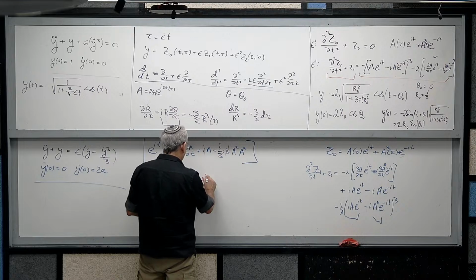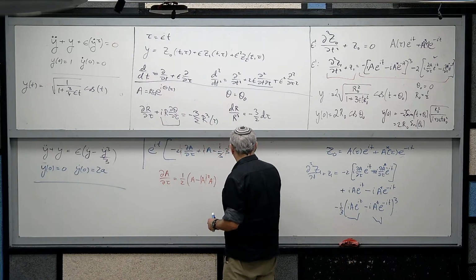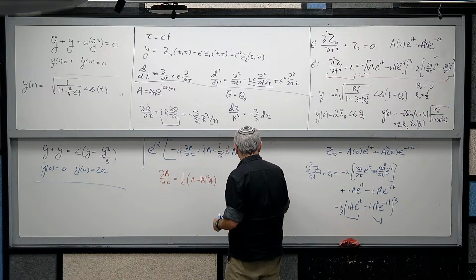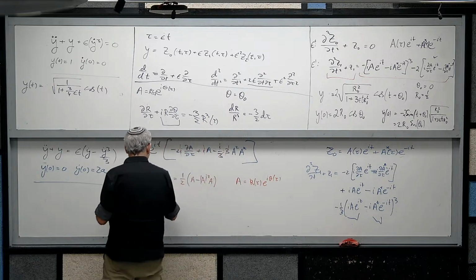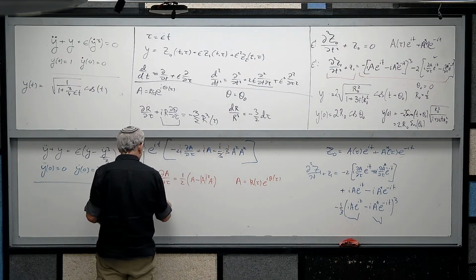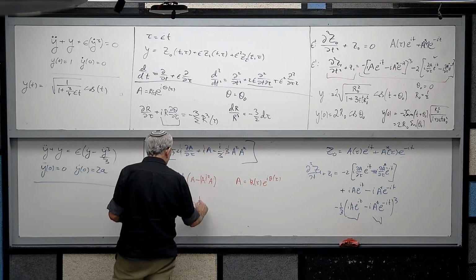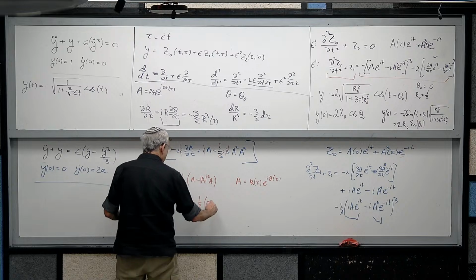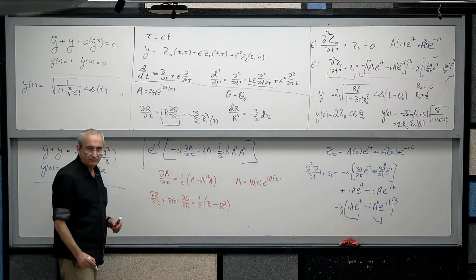Or rather, minus A absolute value squared times A. Now, as usual, A is R of tau e to the i theta of tau, and I can write it as dR/dtau plus R of tau i dtheta/dtau equals 1/2 times R minus R cubed, e to the i theta goes away.